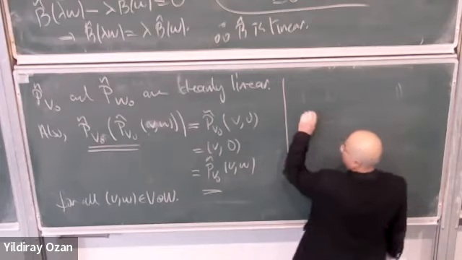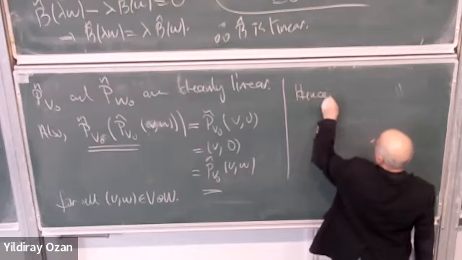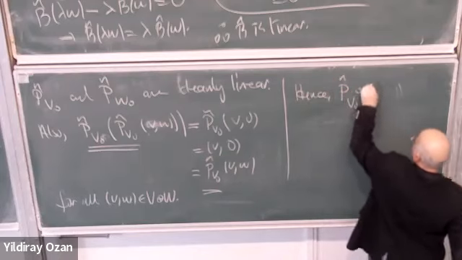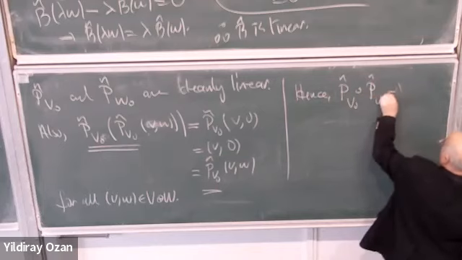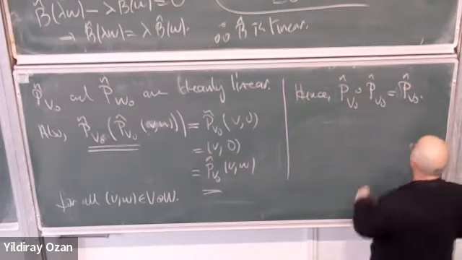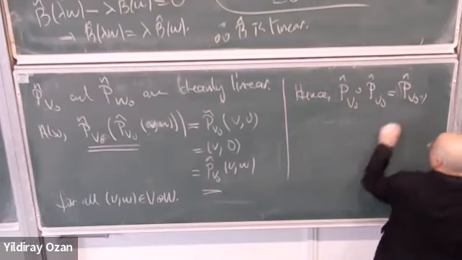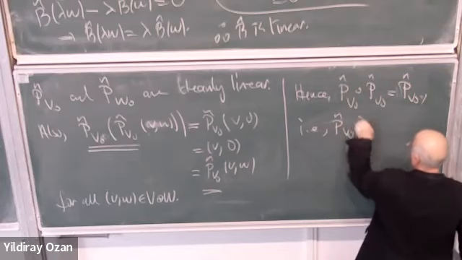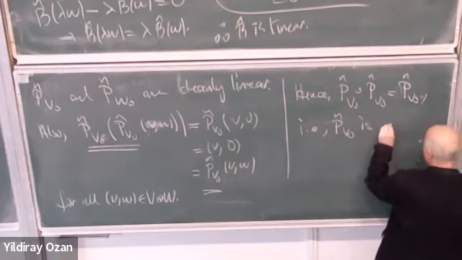Therefore, hence P hat V0 composed with P hat V0 is just P hat V0. So that in other words, it is linear, it is a projection.